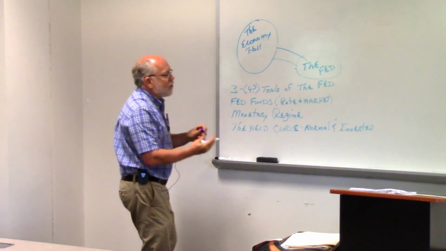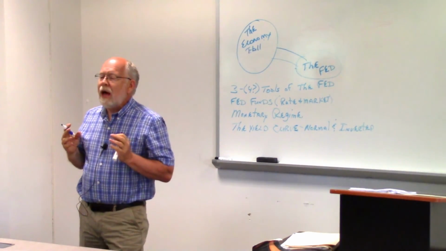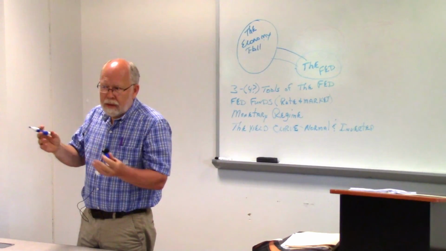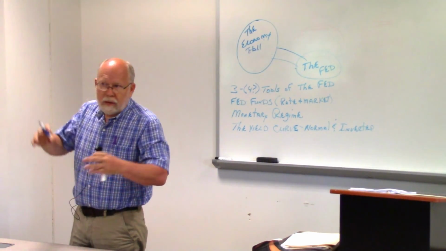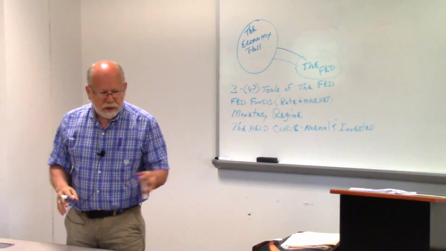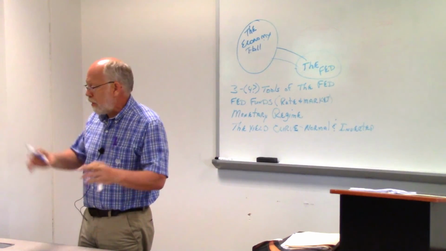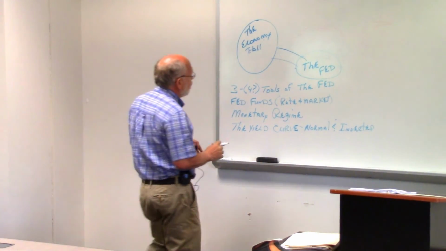Well, the Fed then wants to buy things. It creates money out of nothing and goes into the economy and buys things. It can be T-bills, it can be real estate, it can be anything that's there to be bought. They usually keep it to financial instruments, but as we'll see, it doesn't have to be a financial instrument. They're a private organization. They can do whatever they want, but they tend to keep it with financial instruments.